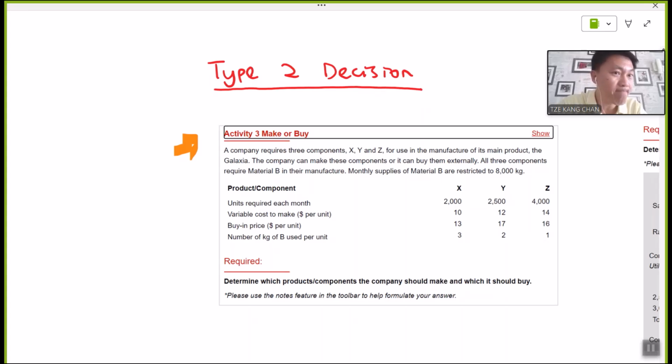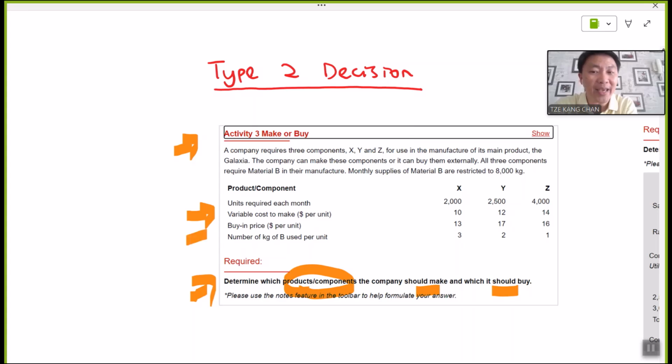This activity is asked to determine which of the products or components are worth making or which are worth buying. After going through the information, you will notice the relevant cost of making versus the relevant cost of buying reveals that all 3 products that are required to be made by the company seem to be cheaper to make compared to buying, mainly because the relevant costs of making are all lower than the relevant costs of buying.